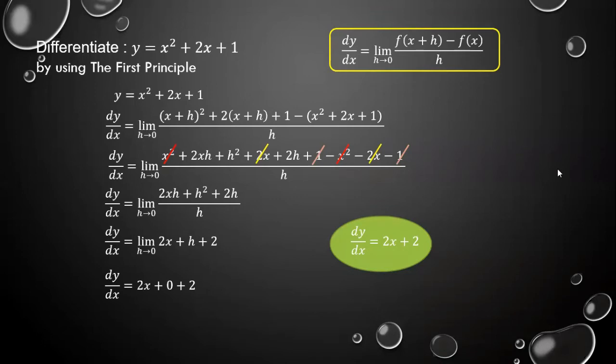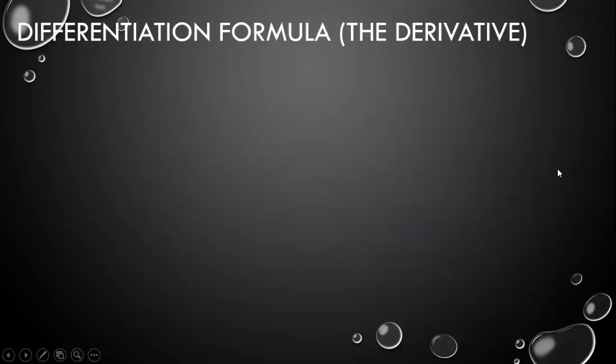Okay, students, we go to the next step. Differentiation formula, the derivative. The differentiation formula, we call that the derivative. Let y equal a x to the power of n.